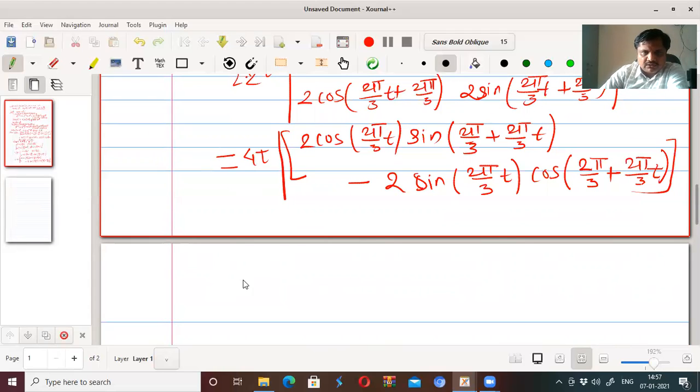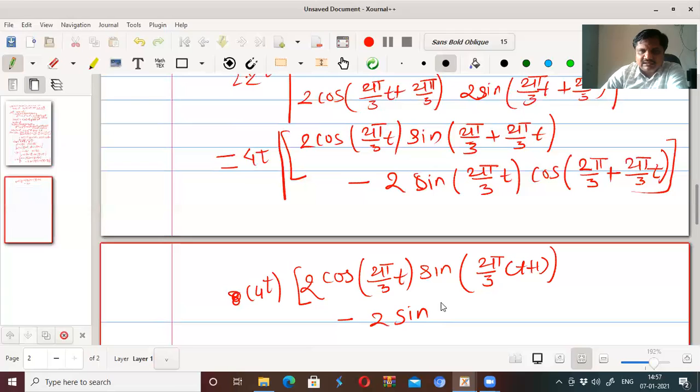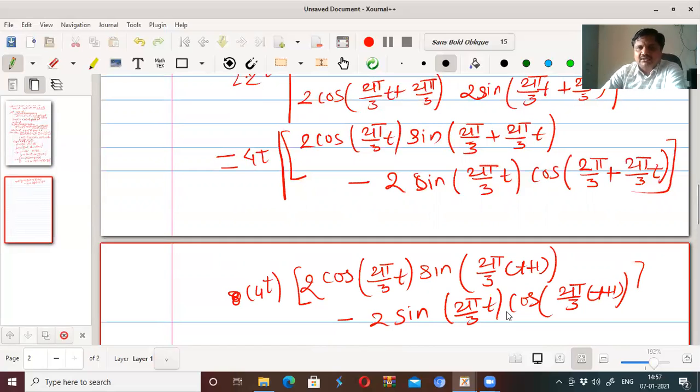Next page becomes 2 again take common. 8 into 4 to the power t into bracket. Cos of, or I will take 2 here. Cos of 2 pi by 3t sine of 2 pi by 3t plus 1 minus 2 sine of 2 pi by 3t into cos of 2 pi by 3t plus 1 and bracket closed.